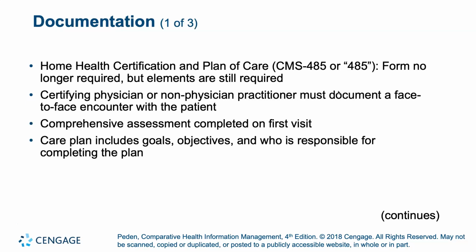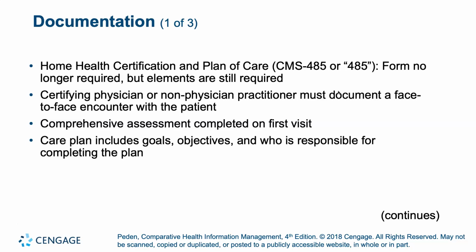All right, documentation. So if you are wondering where we are at now, we have skipped already to page 454, documentation. What does home health need to document? Well, they have to have certification, they have to have that physician's order, and they have to have a plan of care. There's no specific form that is required anymore, but the elements are.